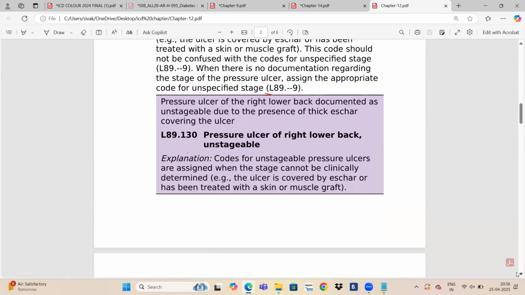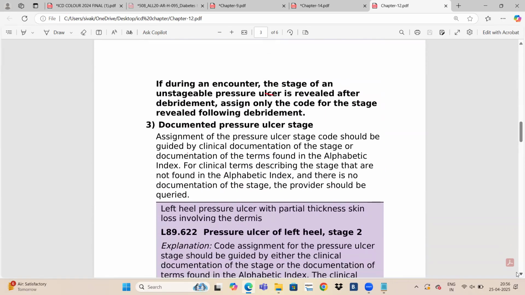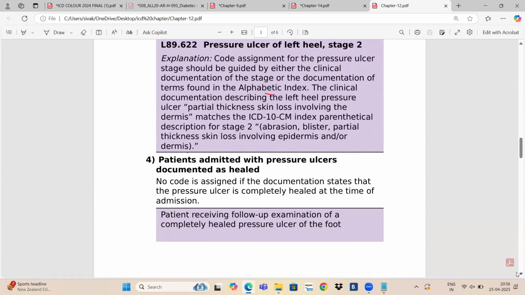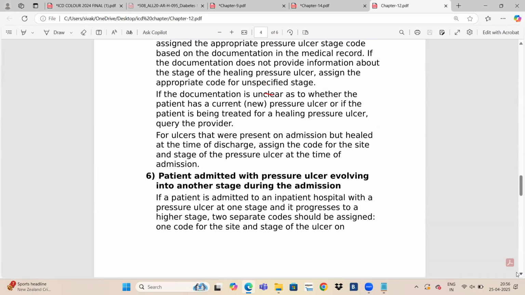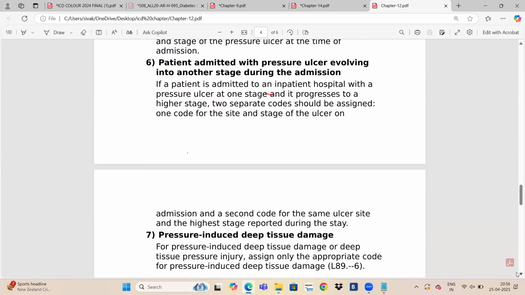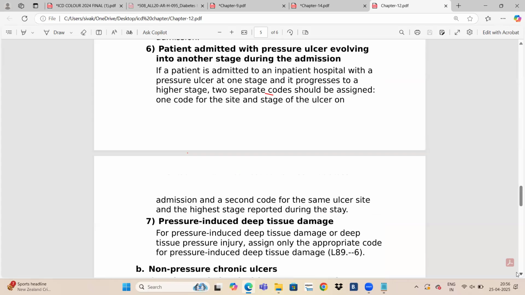Then next question, listen carefully. A patient is admitted with pressure ulcers evolving into another stage during the admission, which means the patient was inpatient here.